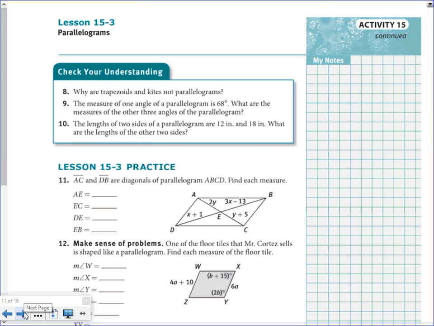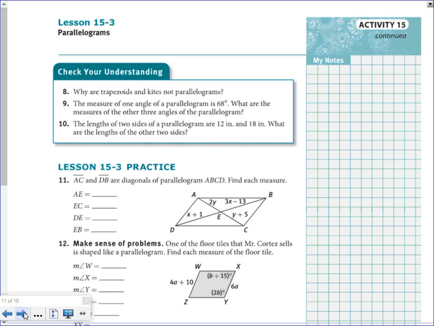Why are trapezoids and kites not parallelograms? Well, we talked about trapezoids in lesson 15-2, and we knew that they had one pair of parallel sides. We talked about kites in lesson 15-1, and we were told that they do not have any pairs of parallel sides. Today we're looking at parallelograms, and they have two pairs of parallel sides.